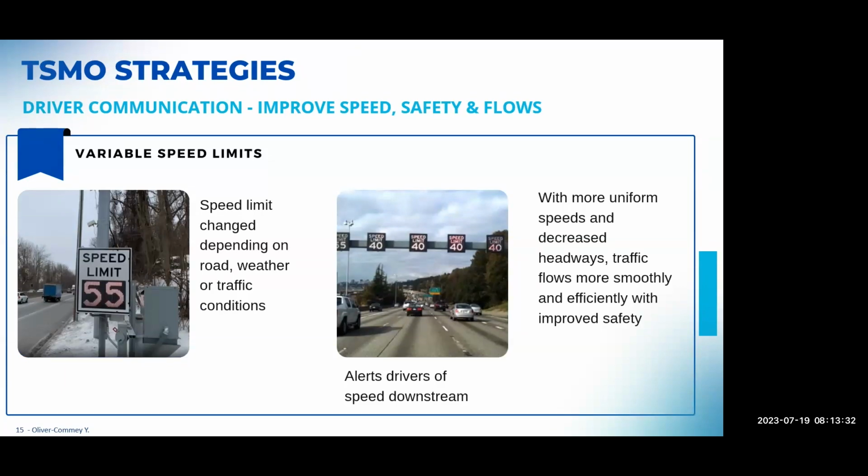The first one is variable speed limits. So this is when, instead of just having the static sign that tells you the speed limit is 30 kilometers per hour or 55 miles per hour, or whatever it is, it is replaced by a dynamic panel that is connected to sensors installed along the roadway. So the speed limit gets changed depending on the conditions.